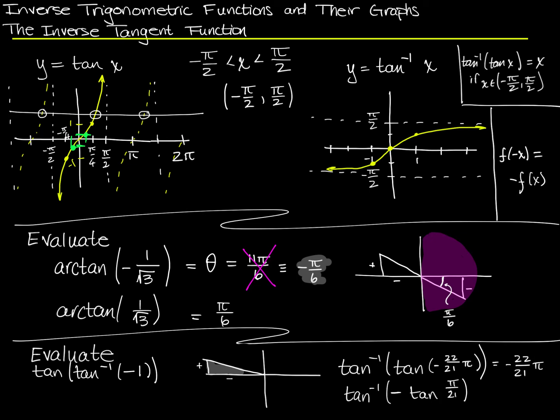So I can rewrite this down here as the tangent inverse of the tangent of negative pi over 21. Put my 1 in the wrong place there. 21. There we go. And therefore, my answer is, now it's in the right form. Now I have the tangent inverse of the tangent of an angle, and I know my angle is between negative pi over 2 and pi over 2. And therefore, my answer is just negative pi over 21.